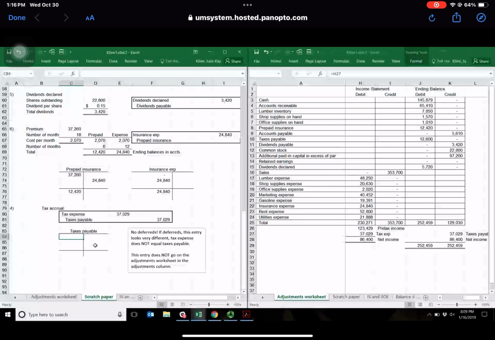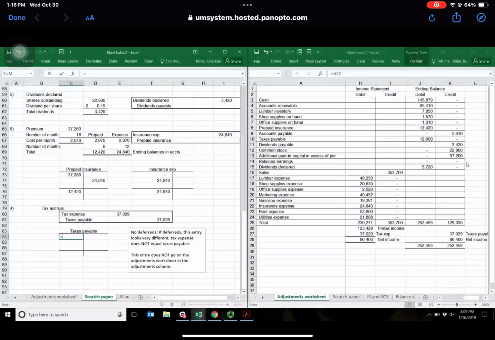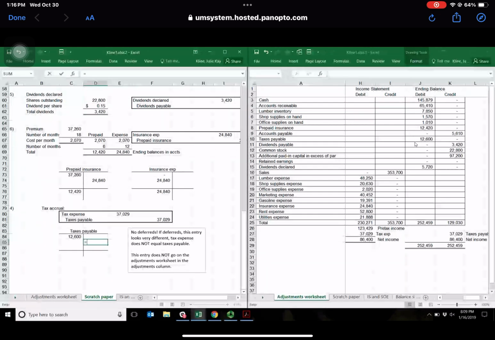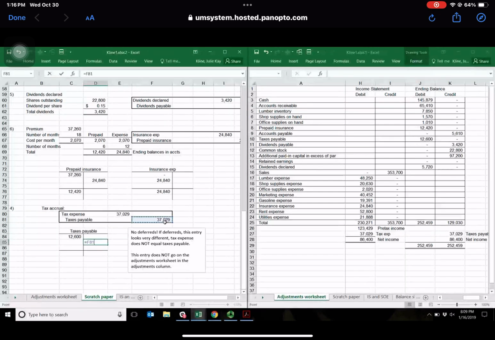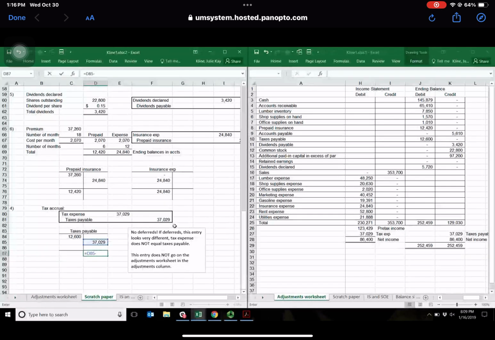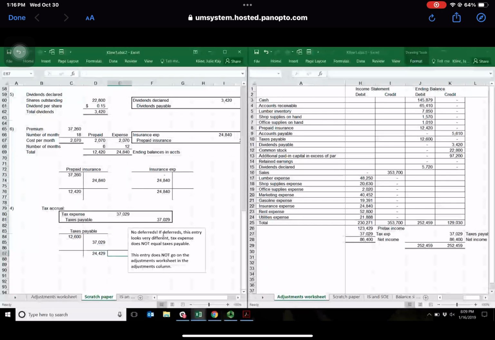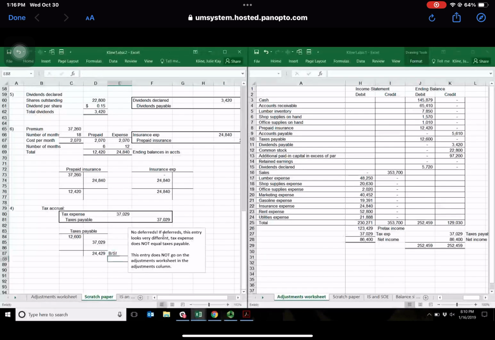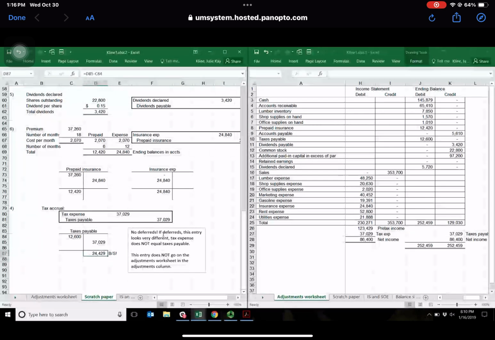Taxes payable, though, does have some money sitting in it. If you'll remember, there's a debit of $12,600. That's the beginning balance. Then we just recorded this 37,029. So the ending balance in taxes payable is going to be a credit balance of 24,429. Now this is really important because this is the amount that goes on the balance sheet, the ending balance in that account.